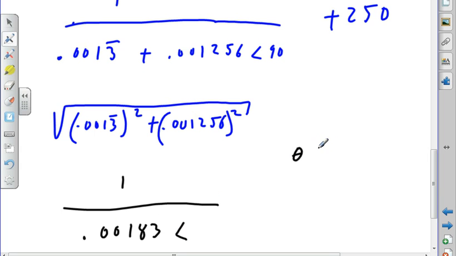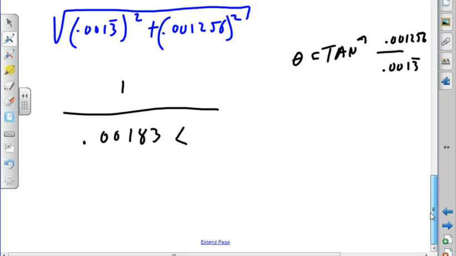So my angle is the arctangent of the y component, 0.001256, divided by the x component, 0.0013 repeating. Okay, so I've got, well, in the meantime, I'm going to have to do this one over, guys, so I'll do this one over while I'm at it. So I've got 546 ohms, angle something.